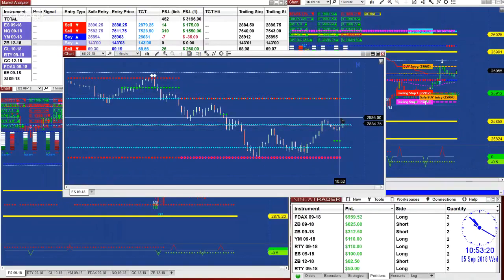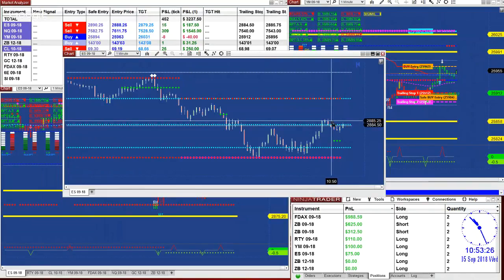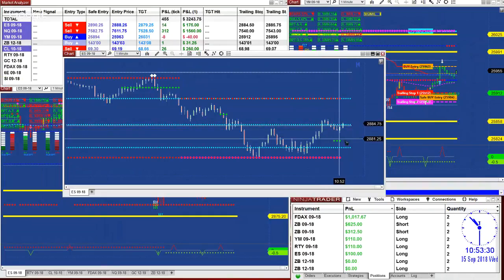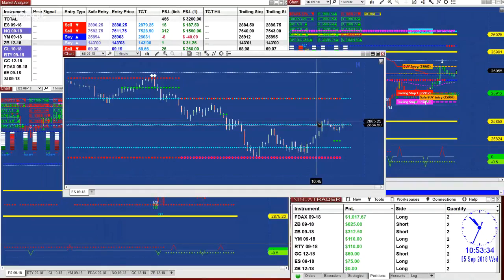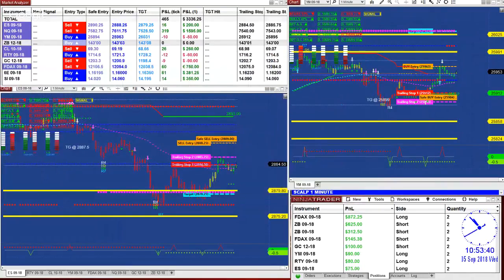But this area right now, I would not mess with those areas right now. There is a very high probability of losing in this area here, so I would not want to mess with it.